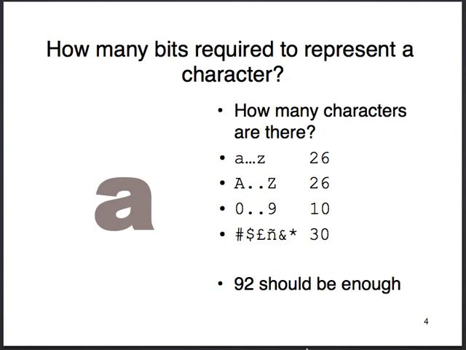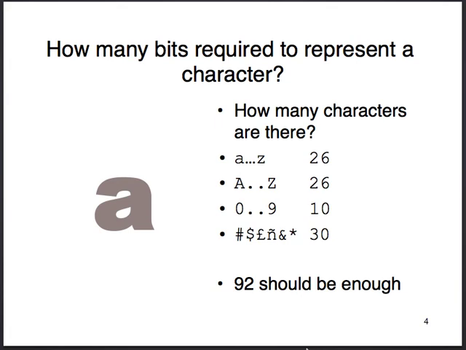So if we had 92 different characters, how many bits would we need? We saw that with 4 bits you could represent 16 different possible things.